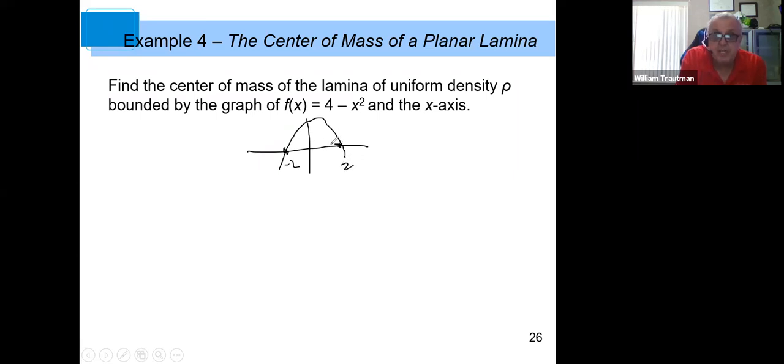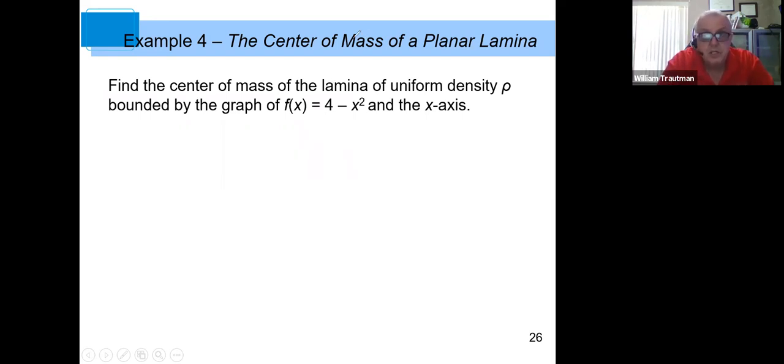Since this is symmetrical, it doesn't look symmetrical, but it is. The center of mass for the x will be on the x-axis. Do you see the distance is the same? We have to find out where the y is also. So we know the center for the x is on the x-axis.